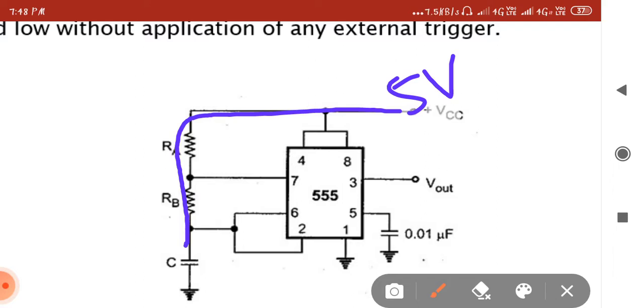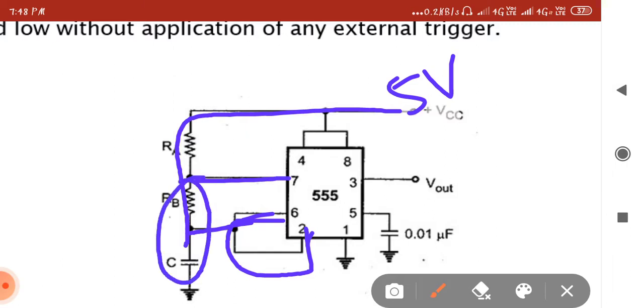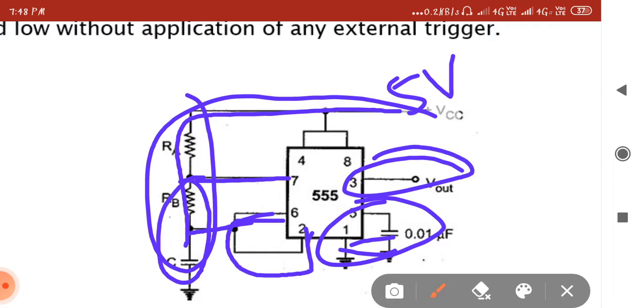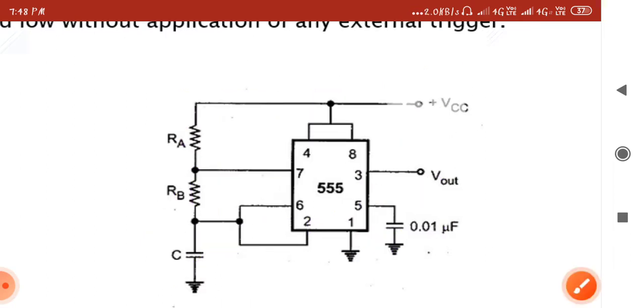Pin 6 is the threshold and pin 2 is the trigger, and we connect the threshold and the trigger together. Through RB and the capacitor it discharges, and through VCC it charges. Pins 1 and 5 are connected to ground. Pin 5 is the control voltage and pin number 3 is the output.